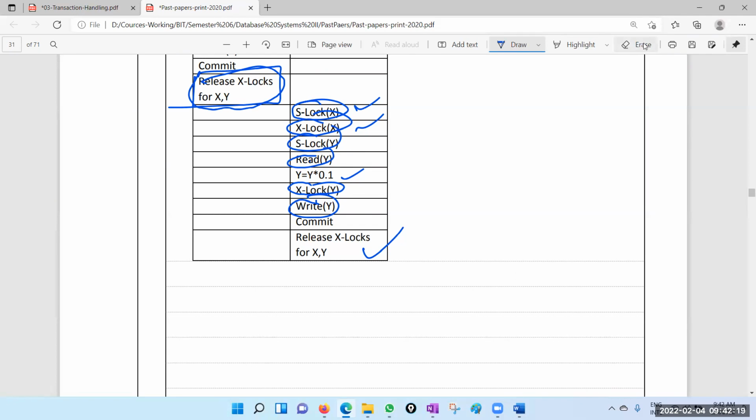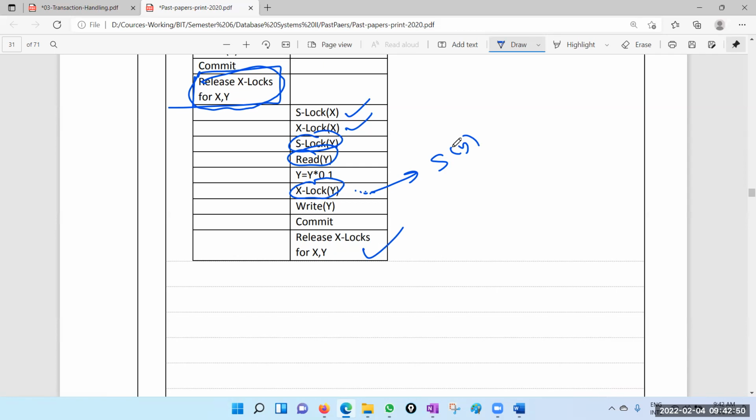Now, if it is a lock upgrade, here you are getting the shared lock and here you need the exclusive lock. Actually, here you need the shared lock of Y, and here you need the exclusive lock of Y. If you are releasing only the exclusive lock here, you have to mention that we release the shared lock of Y and get the exclusive lock.